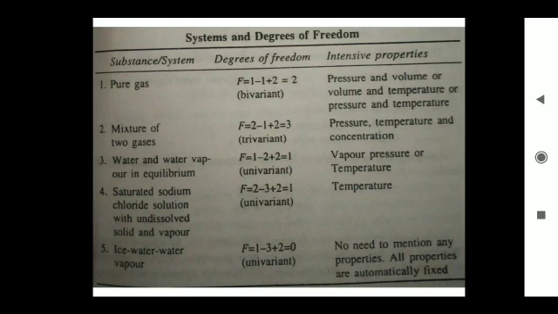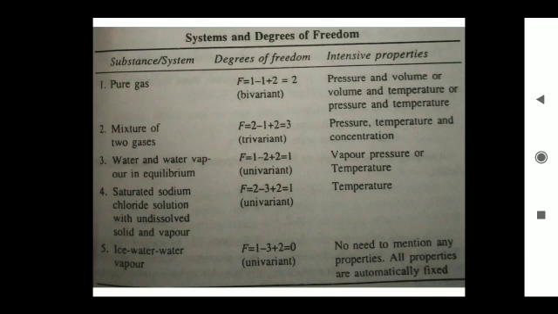For water and water vapor in equilibrium state, the number of components is 1, the number of phases is 2 and the degrees of freedom is 1. It may depend on vapor pressure and temperature, so it is called a univariant system.